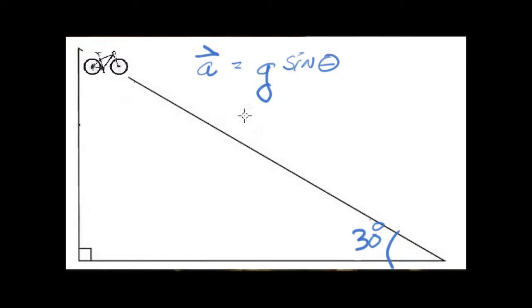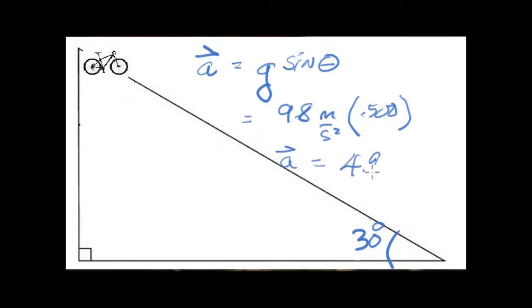That's going to mean, acceleration due to gravity, excuse me, 9.8 meters per second squared is going to multiply by the sine of 30 degrees, which we know to be 0.500. 9.8 times 0.500 gives us our answer for our constant acceleration, and that is 4.9 meters per second squared.